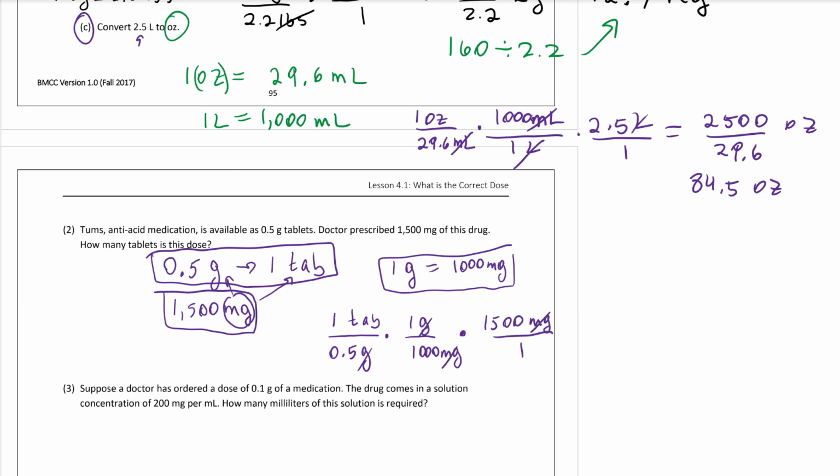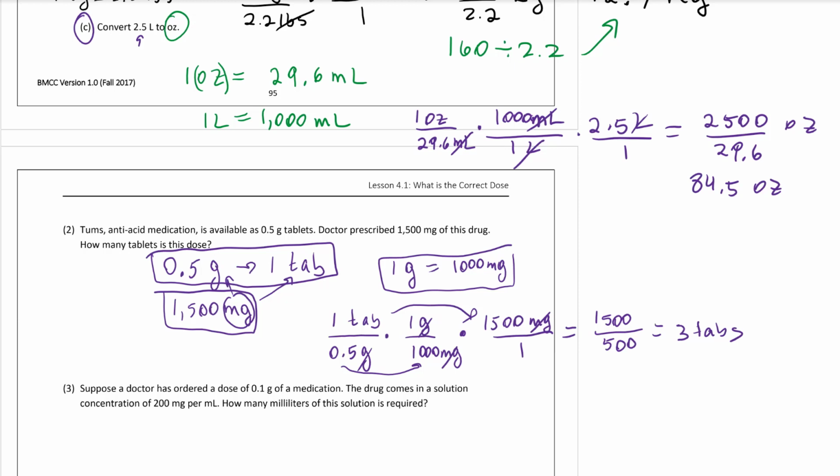So then the milligrams cancel, and we end up with the tablets only. So you multiply it across like this. You multiply, so it's 1,500 over, you multiply this, that's going to be 500, and then you divide and you get 3 tablets.